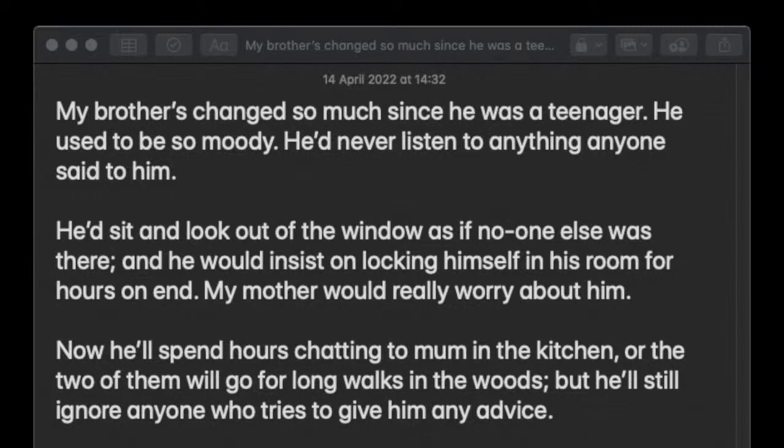But he'll still ignore anyone who tries to give him any advice. So this is very much like what happened when you said anything anyone said to him. So there you went, he'd never listen to anything anyone said to him. But it should be, he'd never listen to anything anyone said to him. And here you've said, he'd still ignore anyone who tries to give him any advice.